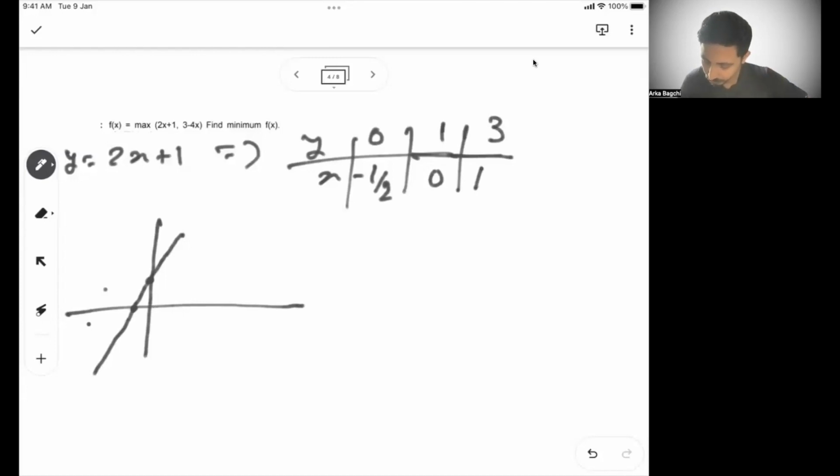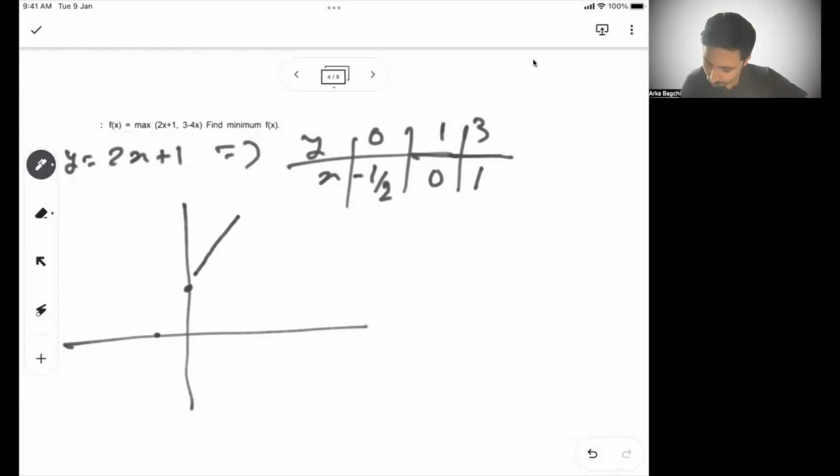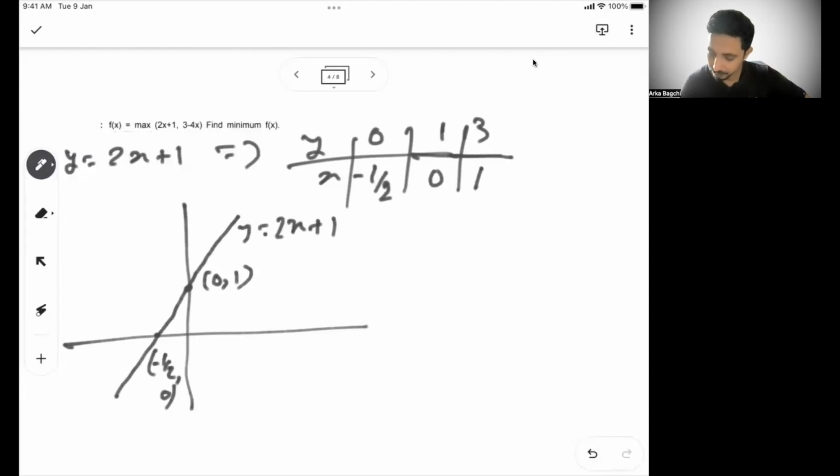Oh, sorry, let me draw a little bigger. So let's see, this is the line. This part is minus half comma 0, and this part is 0 comma 1, right? So this is the graph of y equal to 2x plus 1, right?